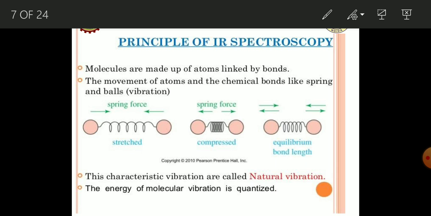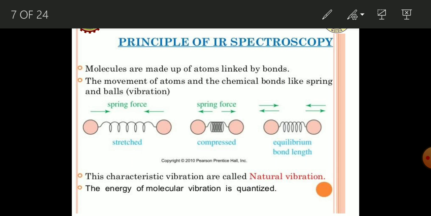In the first figure, if the bond is stretched, a restoring force pulls the two atoms together toward their equilibrium bond length. In the second figure, if the bond is compressed, the restoring force pushes the two atoms apart.